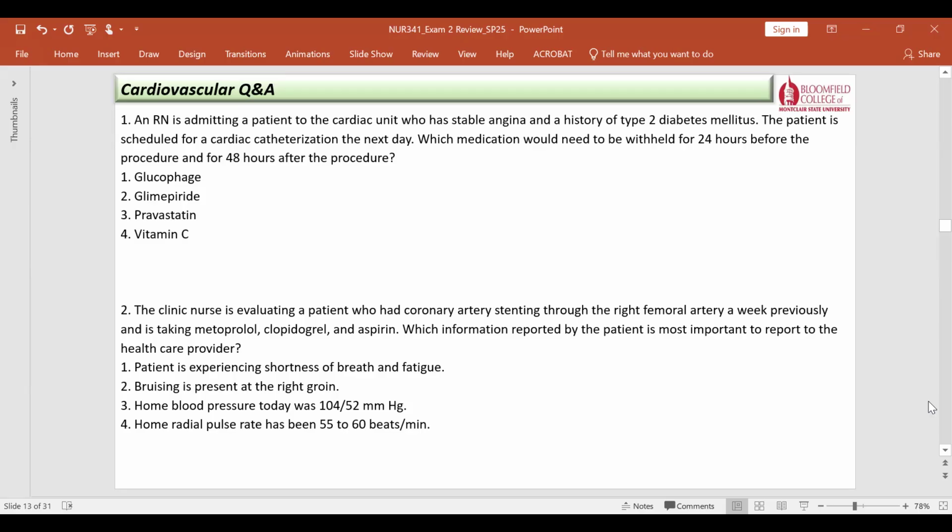And this applies, and again, when I explain about cardiac catheterization, it's not just applicable to the cardiac cath.